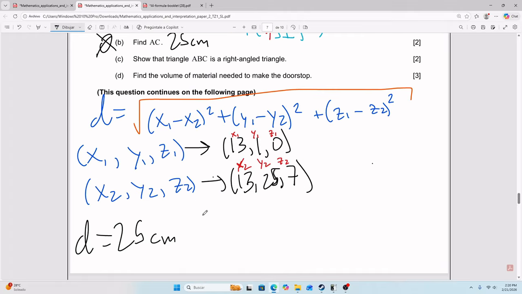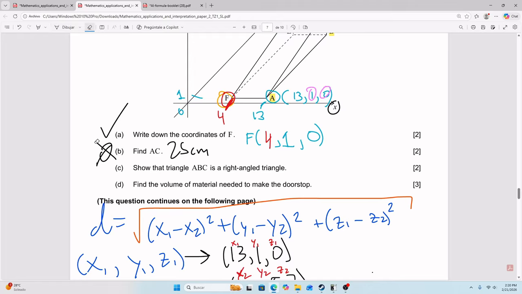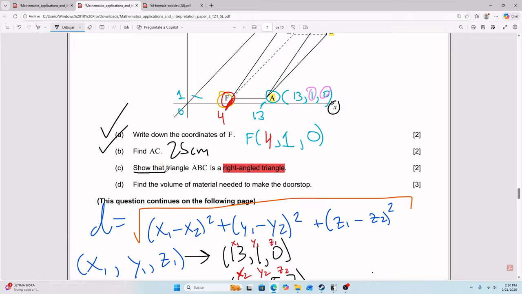Yeah, excellent. And so from there, we can now jump onto part C that says, show that. That's important information. Show that triangle ABC is a right angle triangle. And so now, when you face a show that exercise, it's important to understand that if they tell you show that this, well then this is true.